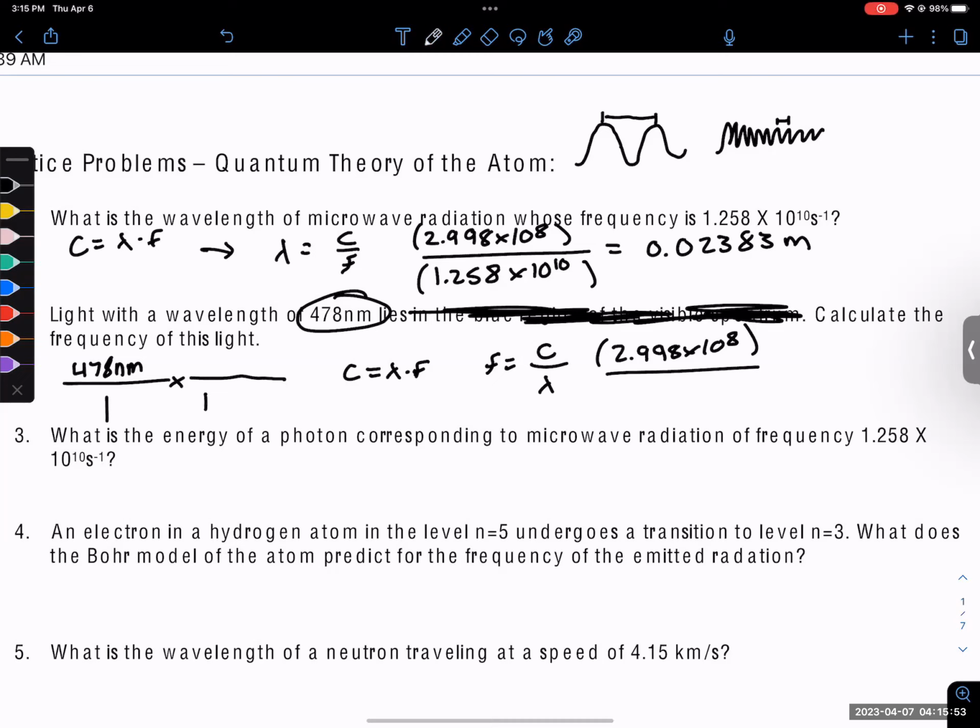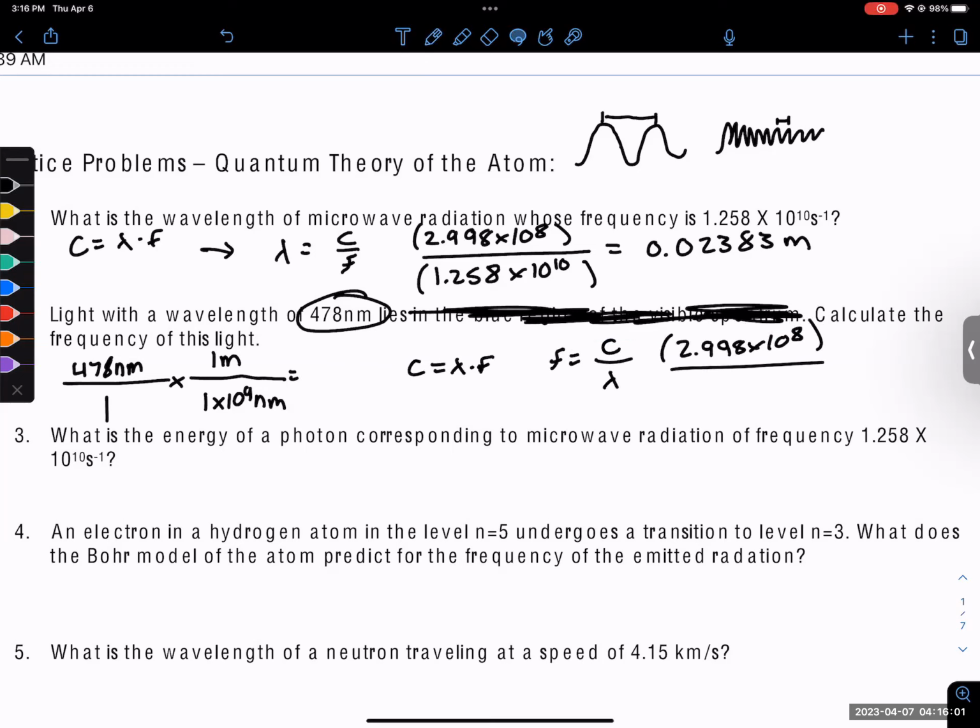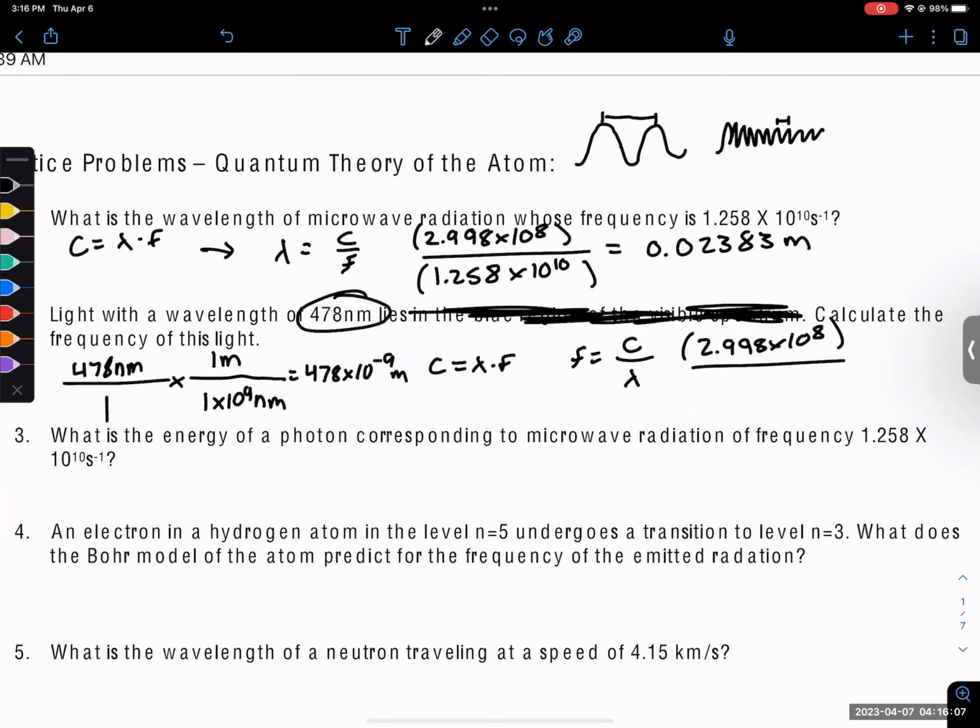We know there's 1 times 10 to the 9 nanometers in 1 meter. This gives us a number that we can plug in of 478 times 10 to the minus 9 meters.